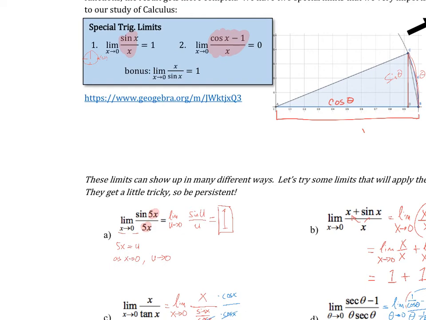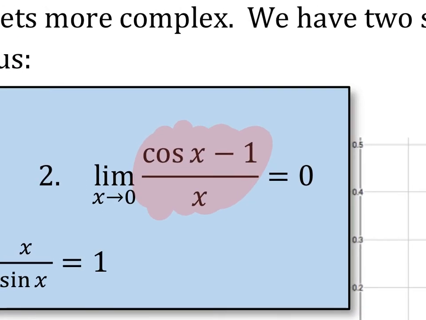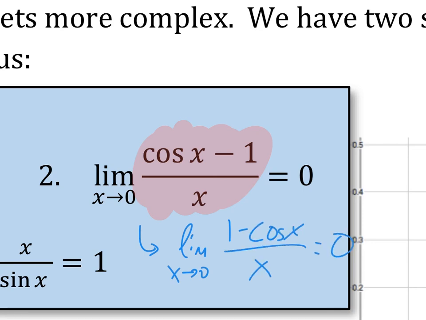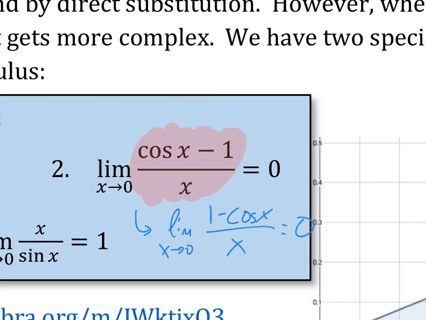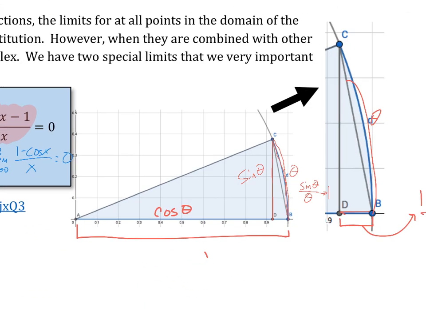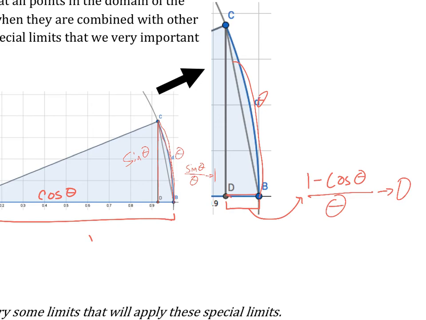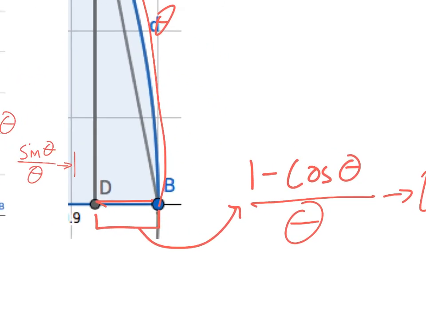Now, our limit that when you look in the book, and in most books, you'll see it as cosine minus 1, it's going to 0. Well, this is equivalent to saying the limit as x goes to 0 of 1 minus cosine x over x is 0. So, same thing. You might have noticed in my quick explanation there, I actually changed it around to 1 minus cosine x.